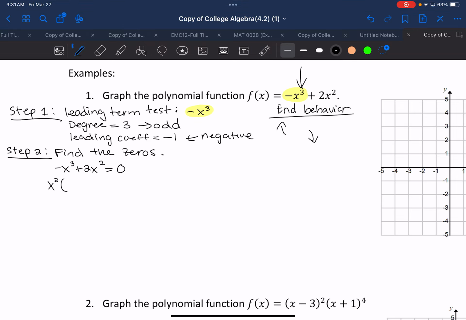X squared. And you could use -x squared, it doesn't really matter, but I'll just use +x squared. That will leave me with a -x plus 2. So now I take both of these factors, this factor and this factor, and I set them equal to 0. So x squared equals 0, or -x plus 2 equals 0.